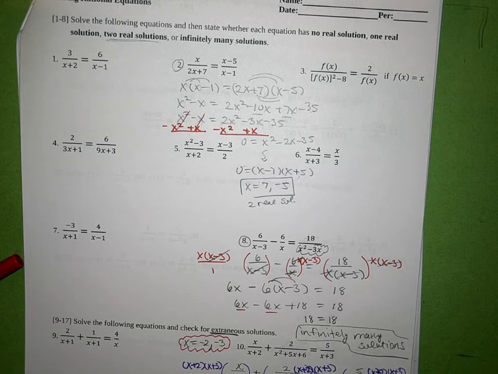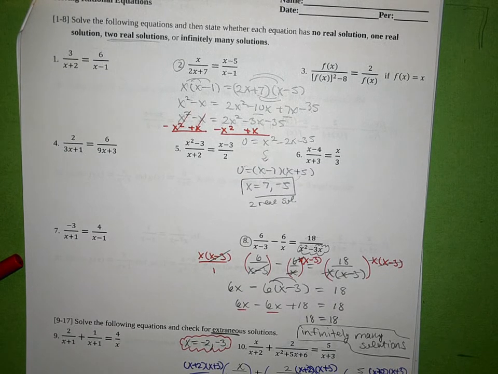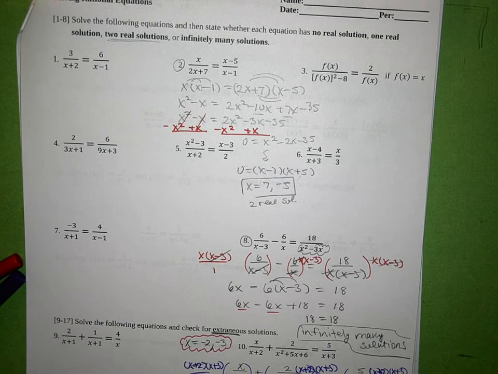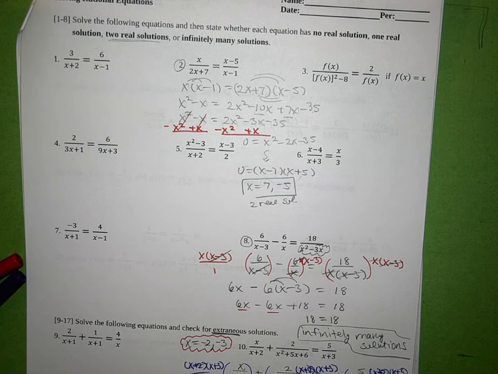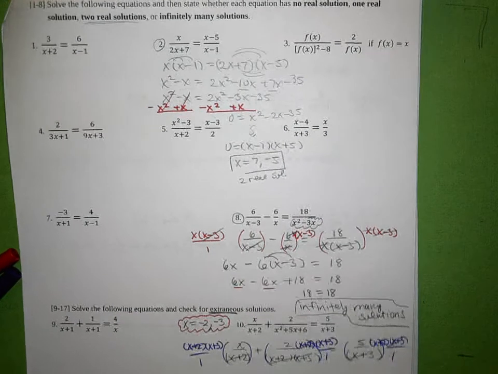And you can make them over 1 just so they look like fractions. X plus 2 reduces, leaving behind x with an x plus 3, plus x plus 2, x plus 3 is completely gone, leaving behind a 2, equals x plus 3 is gone, leaving behind a 5, distributed to an x plus 2. I'll distribute in just a little bit.